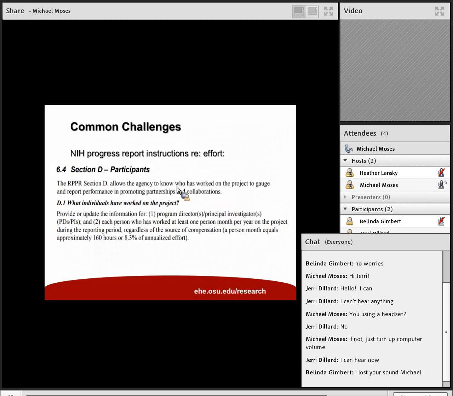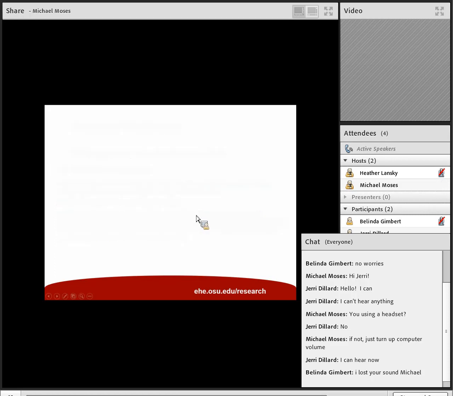It doesn't matter how senior or how, you know, students, co-investigators, PIs, anyone that works on a sponsored project at least 1 month or 160 hours or 8.3% on an annual basis, they want that reported. So it can get pretty tricky, especially when you have large research teams and employing like a lot of part-time student staff.